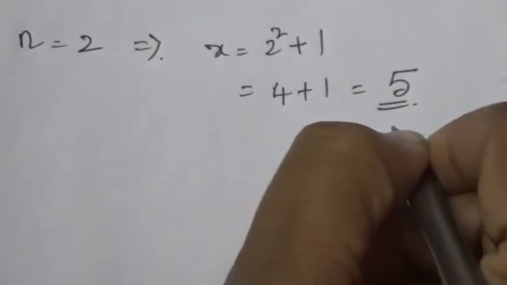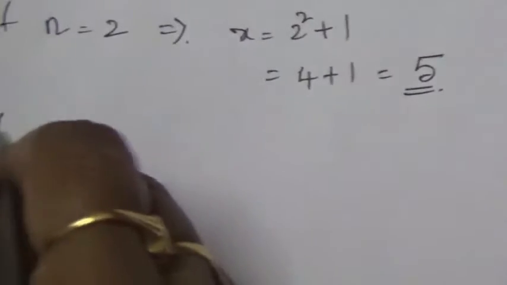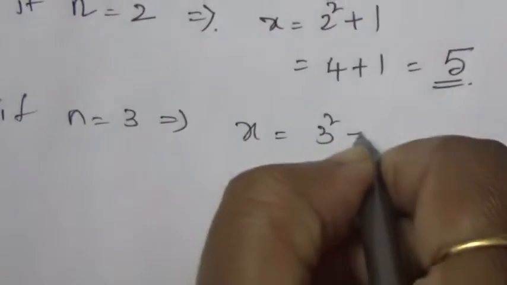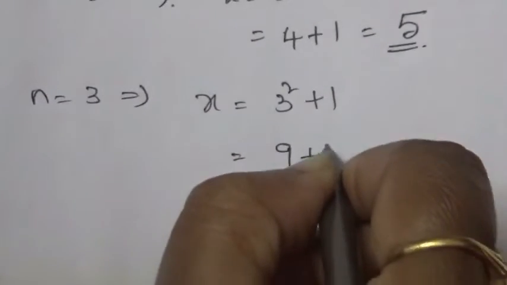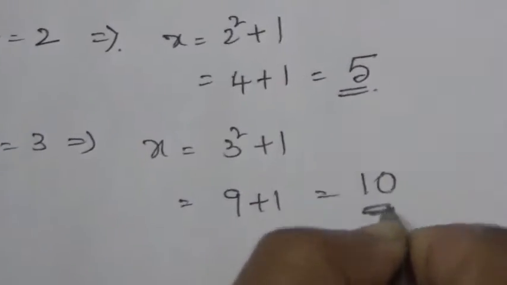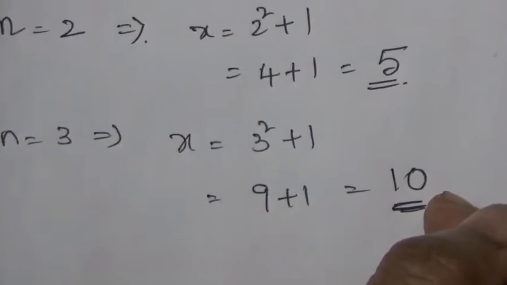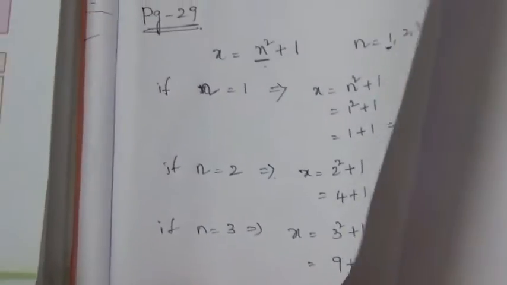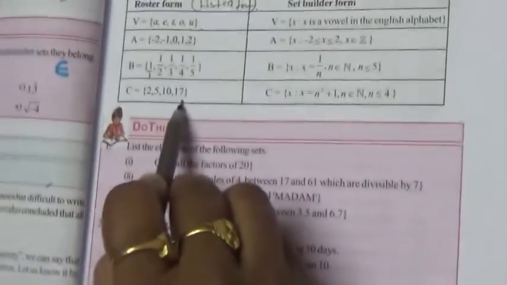The second number is 5. If n is equal to 3, 3 squared plus 1 is 9 plus 1, that is 10. The third number is 10. So the numbers in the set are 2, 5, 10, 17.